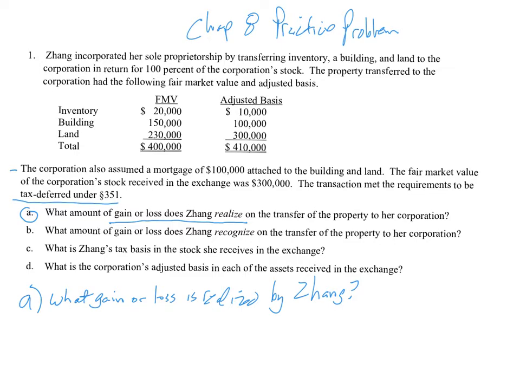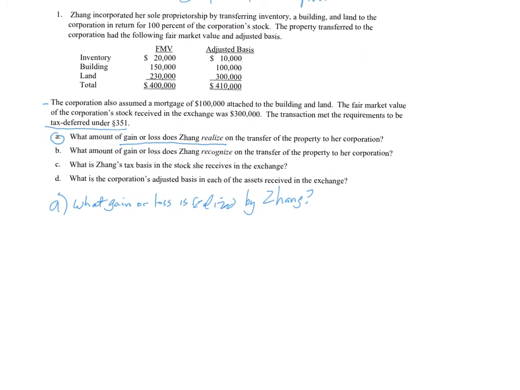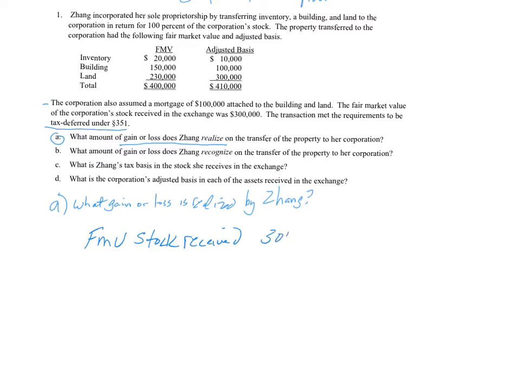Okay, so what do we know? All right, so realized. What does she receive, right? Well, she gets some stock, and we have to look at the fair market value of the stock received. And we were told that the fair market value of the corporation's stock received in the exchange was $300,000. So that was part of the given information right there.